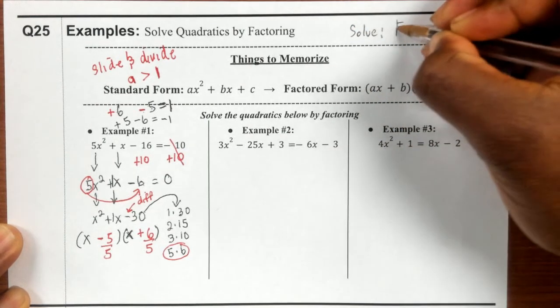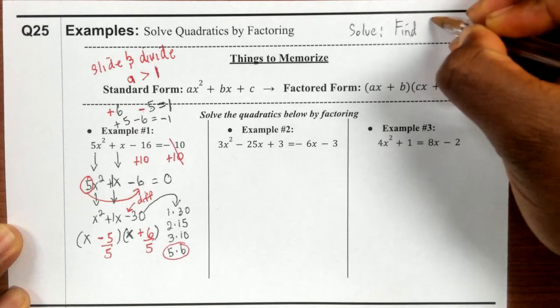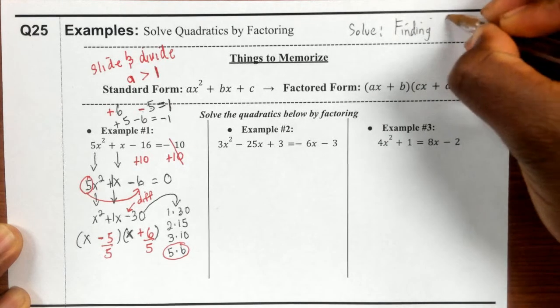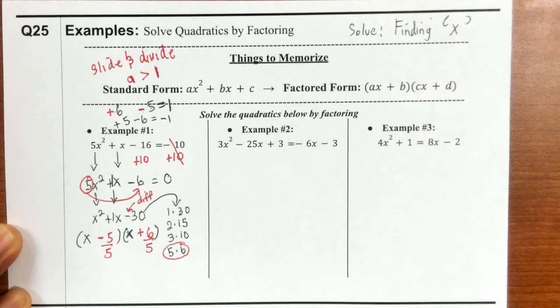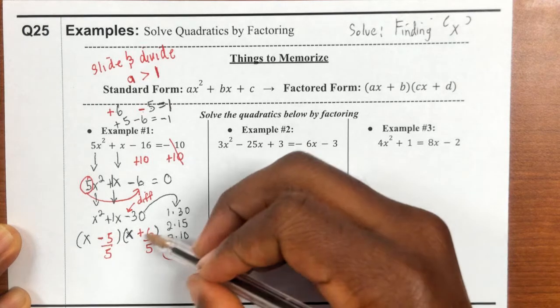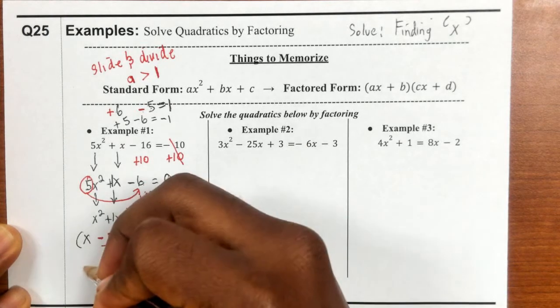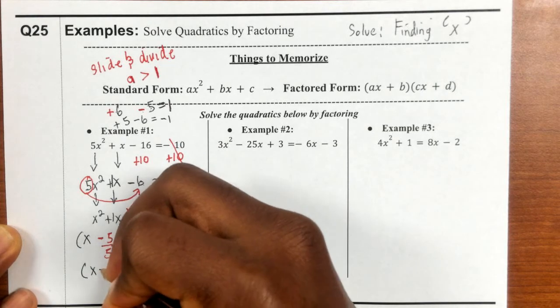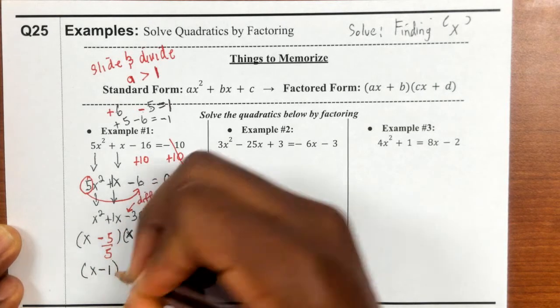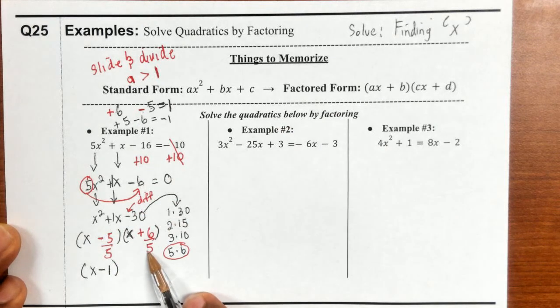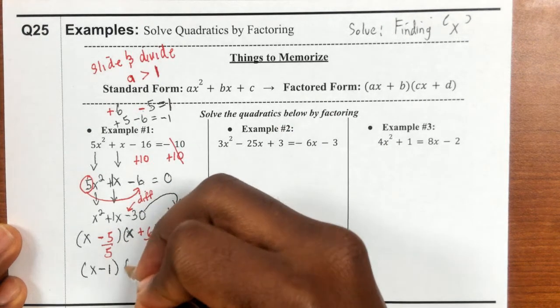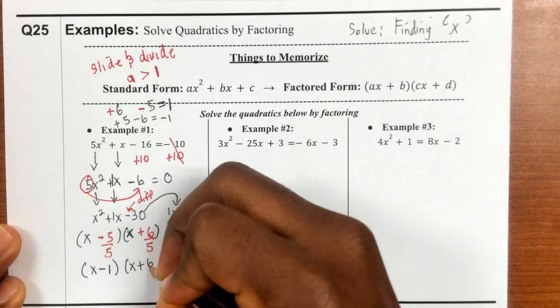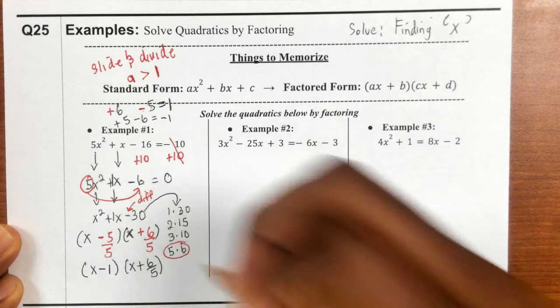Solve means that you're finding x. So again, we're not finding factored form, we're finding x. The one that you can divide, you are going to divide it. So can I divide negative 5 by positive 5? Yes, and I get negative 1. The one that you cannot divide, you're going to leave it the same. Normally, we don't do that, okay?